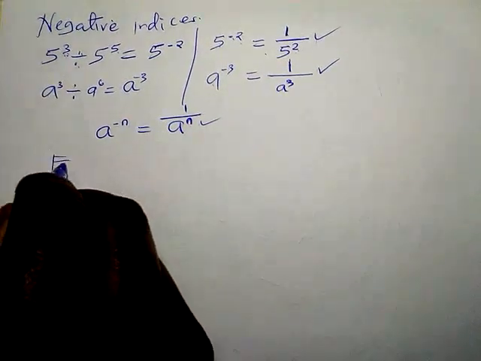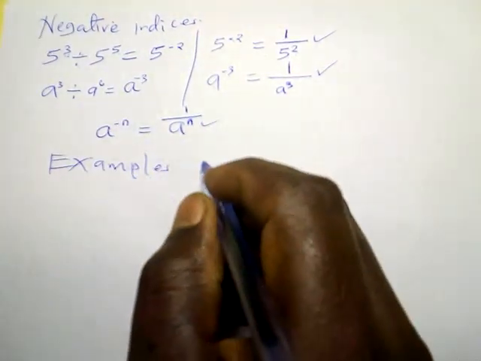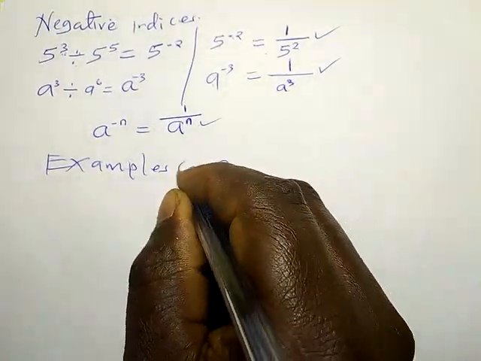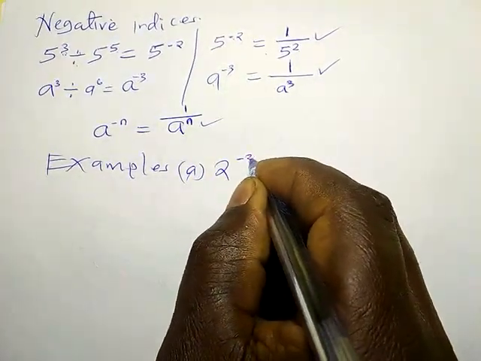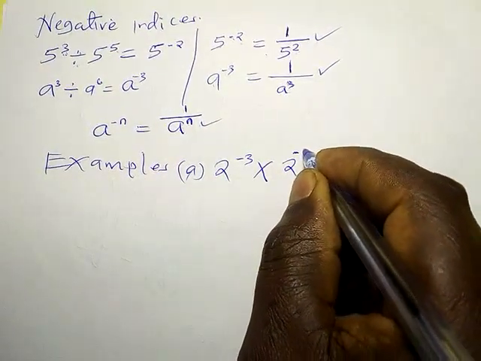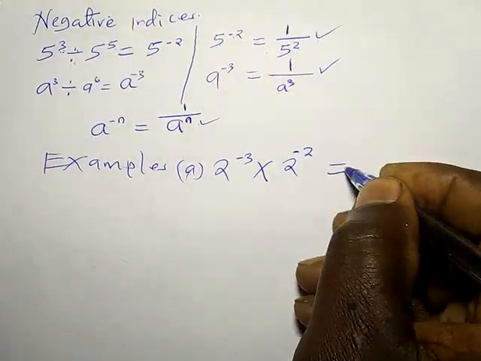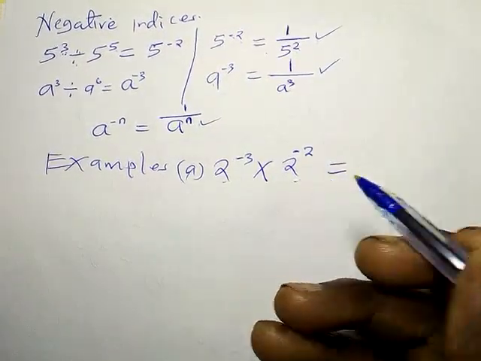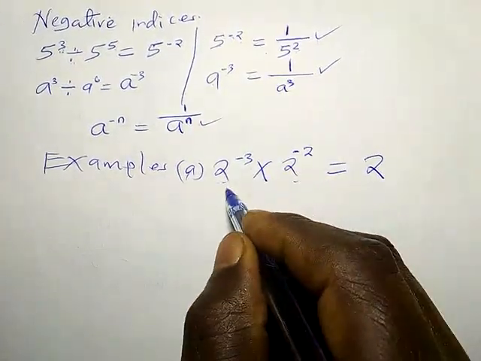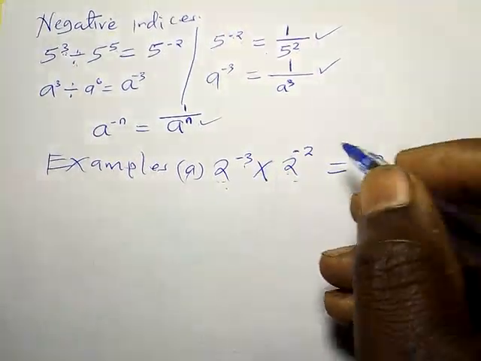So examples on negative indices. For example, example A, 2 raised to power negative 3 times 2 raised to power negative 2. What is the answer there? The bases are the same, so you write 2. We are multiplying these two, so the powers, what do we do? We add.